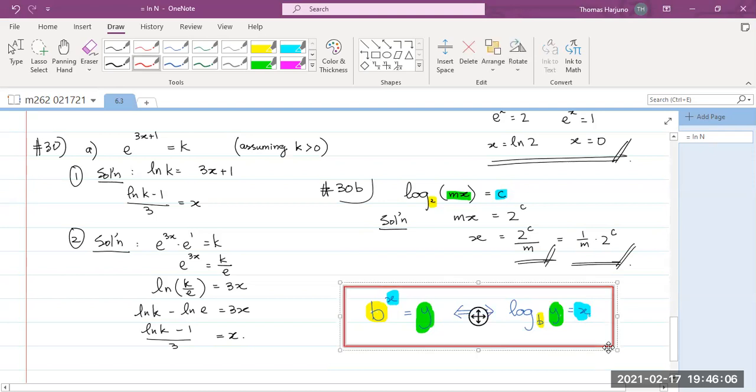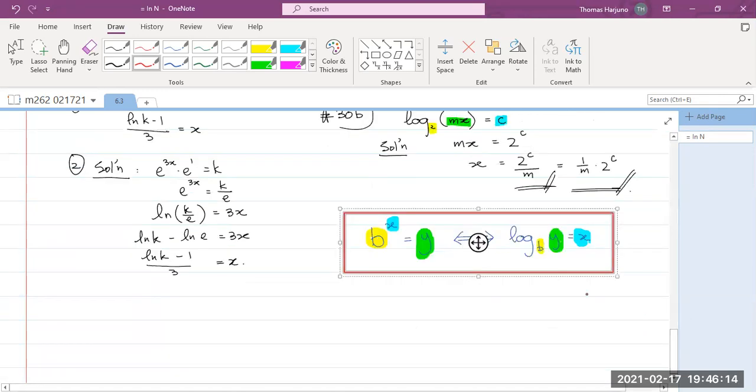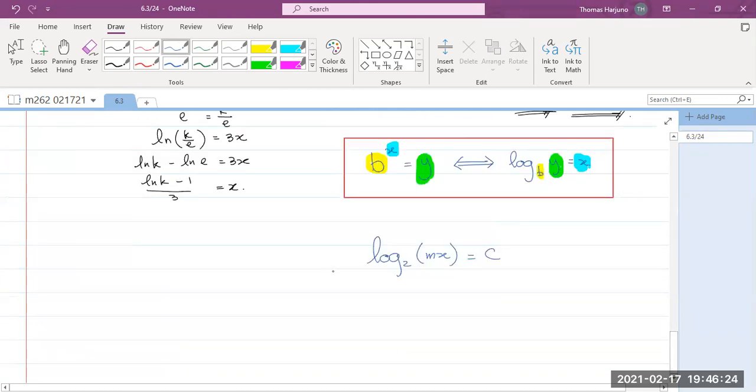To be honest with you, when I first learned logarithms, I didn't really think that way. When I try to solve, let's say, log base 2 of mx equals c, I tend to do it this way. Oh, you know what? Make it exponent.